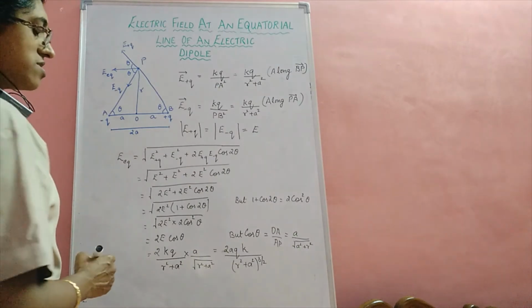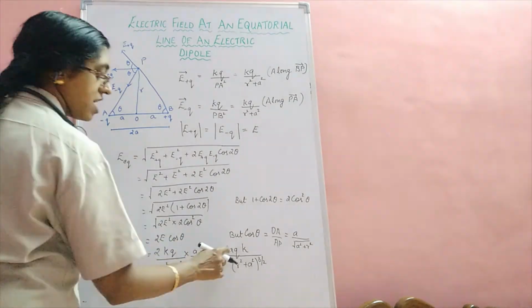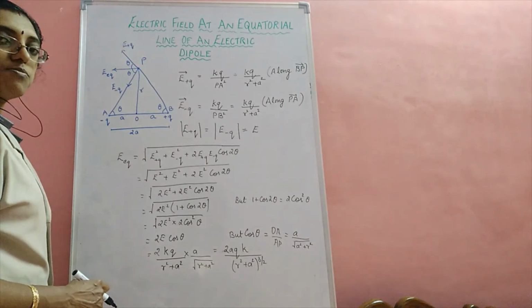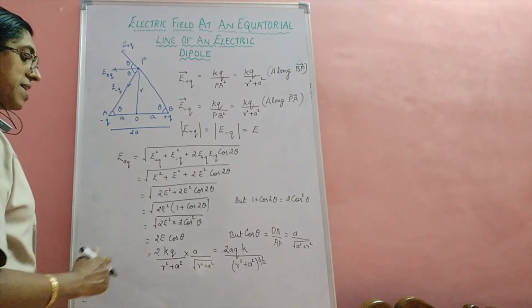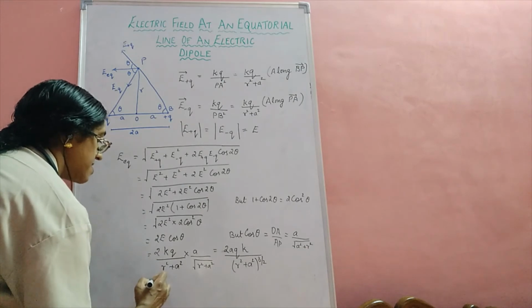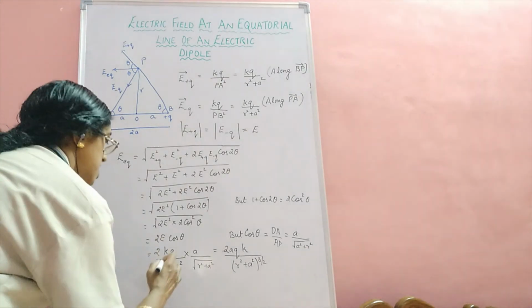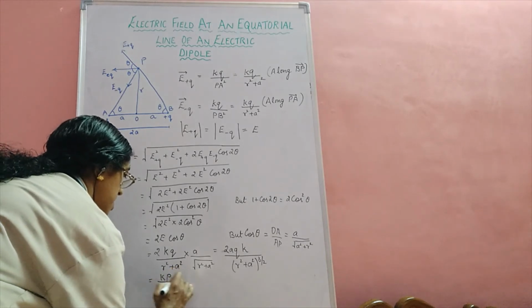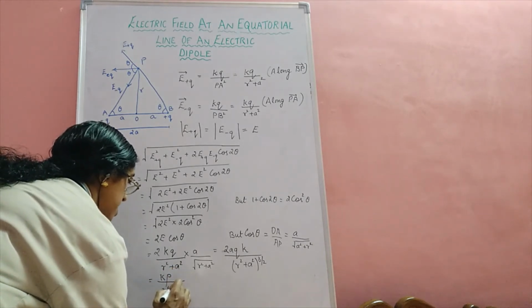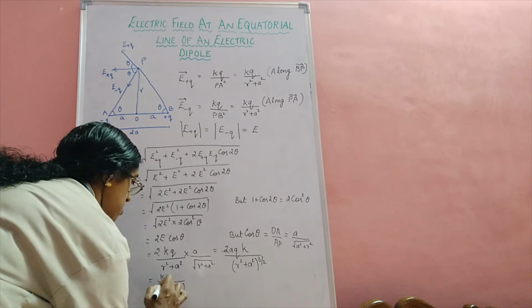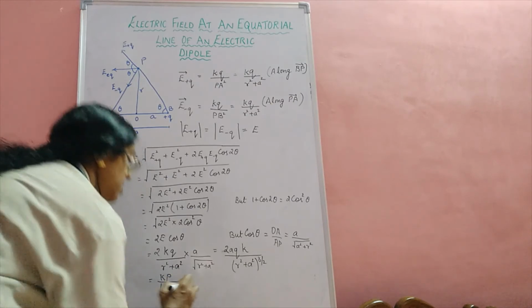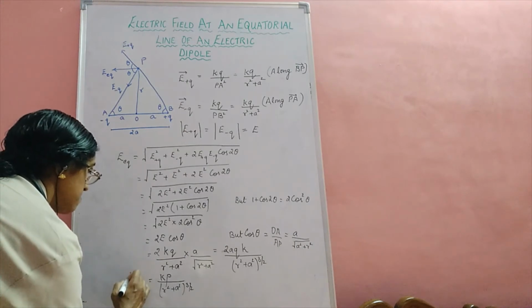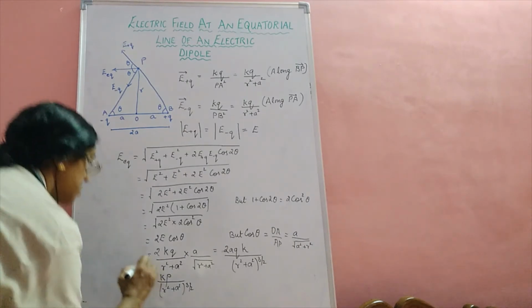Now, as we know that 2AQ is the dipole moment which is represented by P. So, I can write this as Kp upon R square plus A square whole to the power of 3 by 2. That is E equatorial.